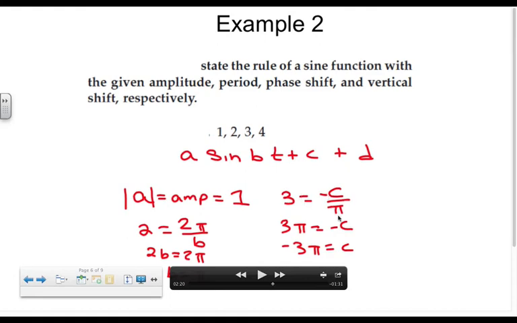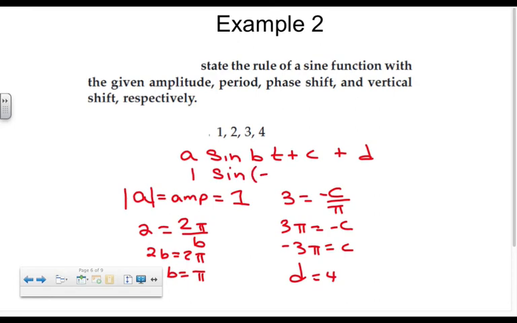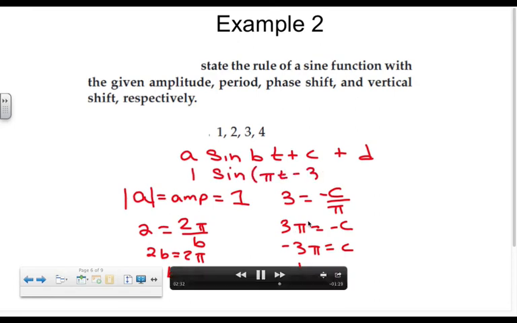We know b is pi, so we solve for c and get negative 3 pi. And d simply equals 4, that's the easy one. Now we plug all these pieces into the function: 1 sine pi t minus 3 pi plus 4. Once I solve for all of them, I plug them back into the function.